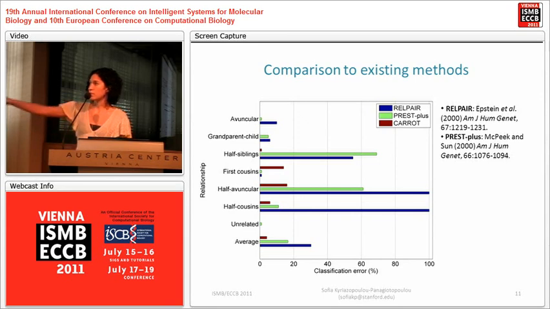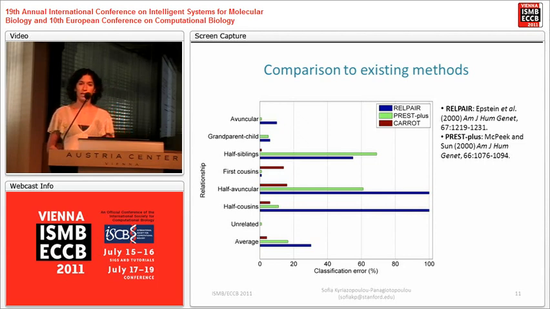As you can see, with the exception of one relationship, CAROT achieved a smaller classification error than the other 2 methods. And here at the bottom is the average classification error, averaged over all the relationships that we considered. And again, you can see that CAROT has a much better performance on average than the other 2 methods.